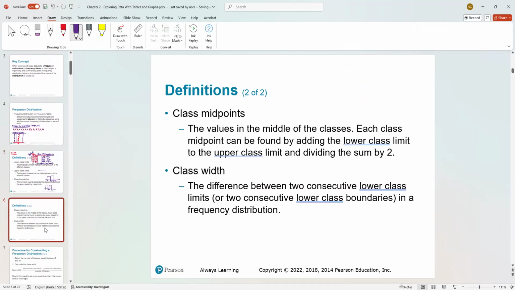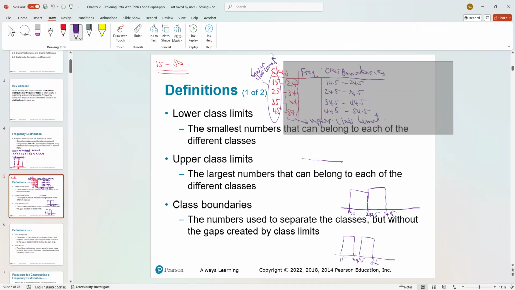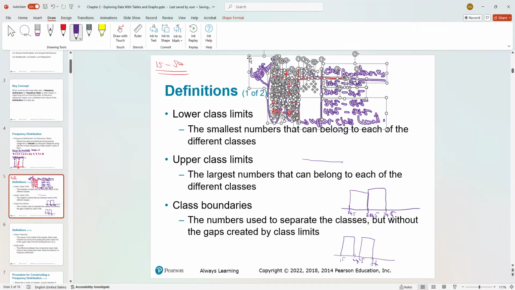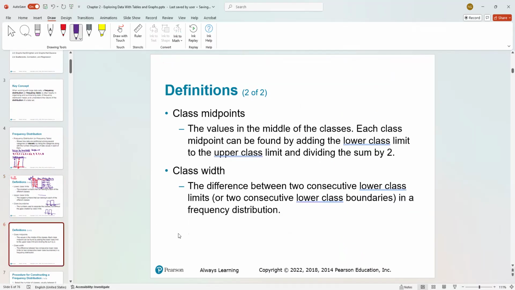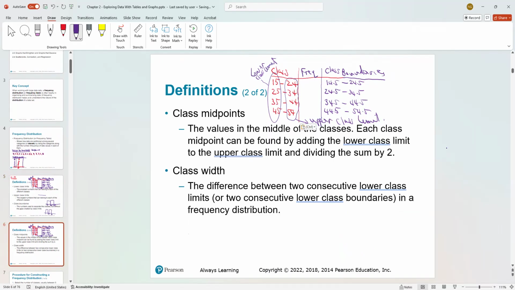Now, class midpoints. Again, if you want to construct class midpoints, you can take exactly the same examples I showed you here. All right, if I want to add class midpoints to this graph, midpoint means we need the middle.